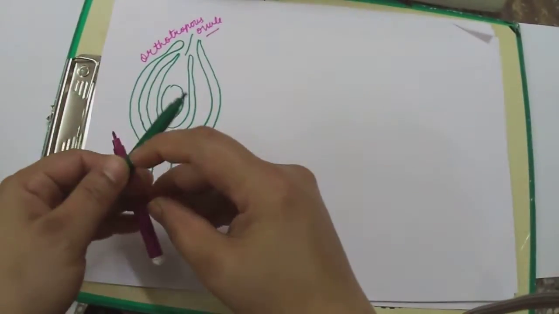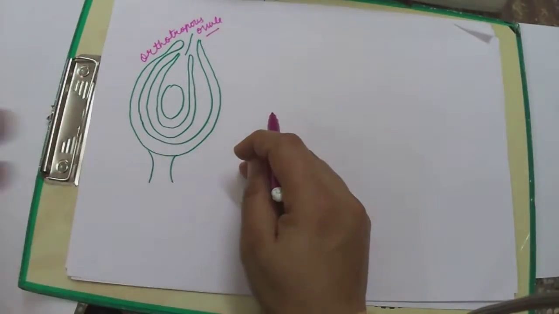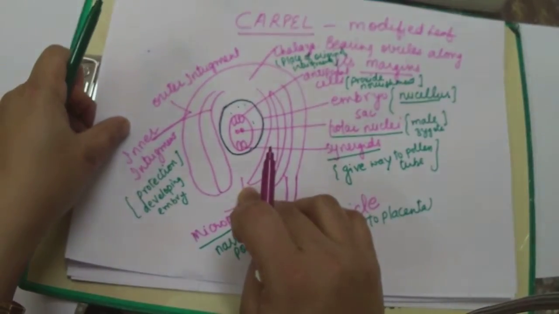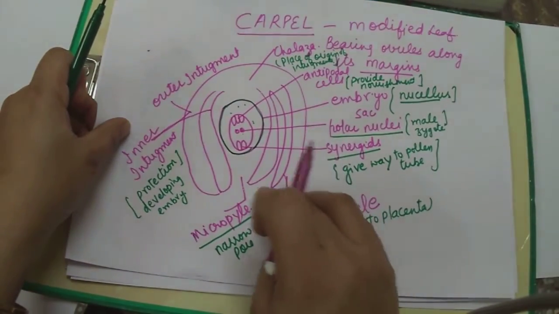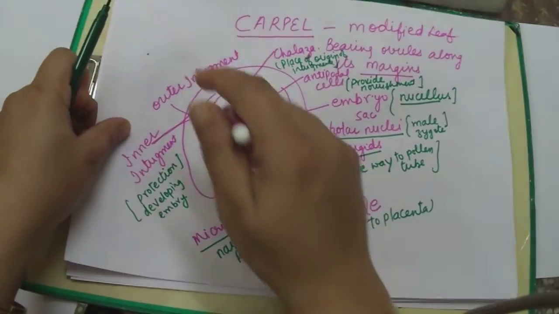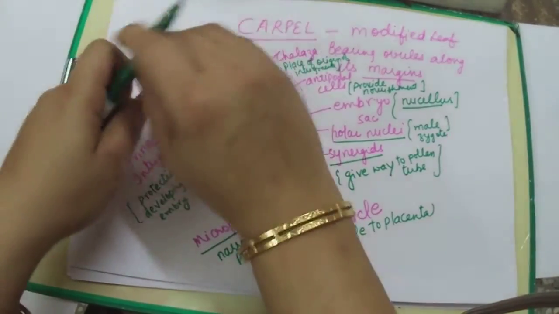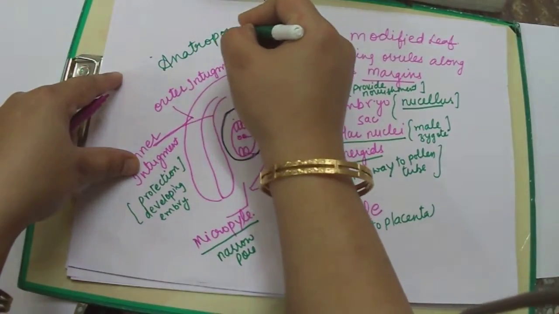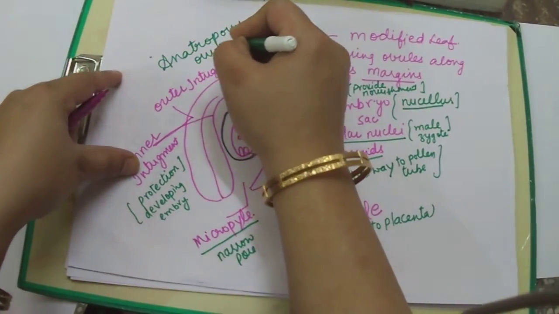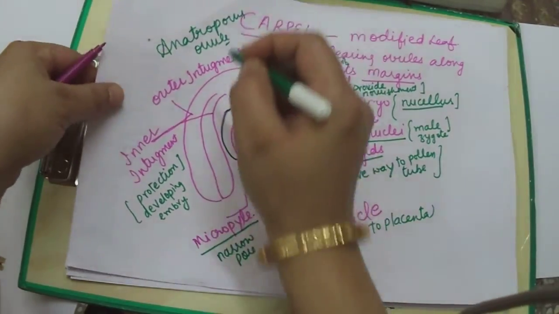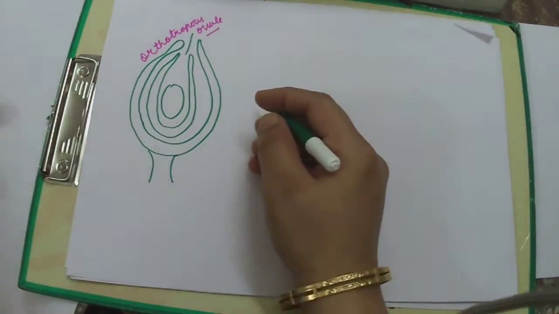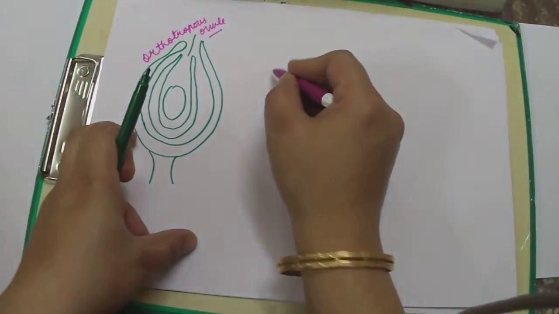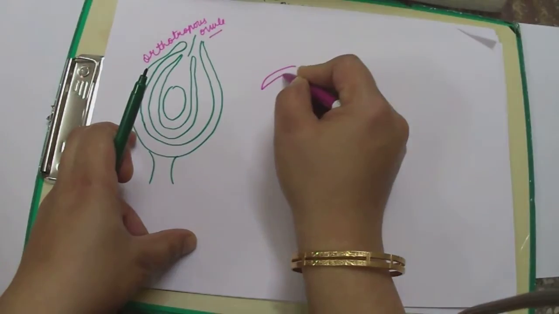Second, as we have discussed earlier, in this type of ovule the micropyle is at the base near the funiculus. This type of ovule is known as anatropous ovule. Third type, in which the micropyle is present on this side.